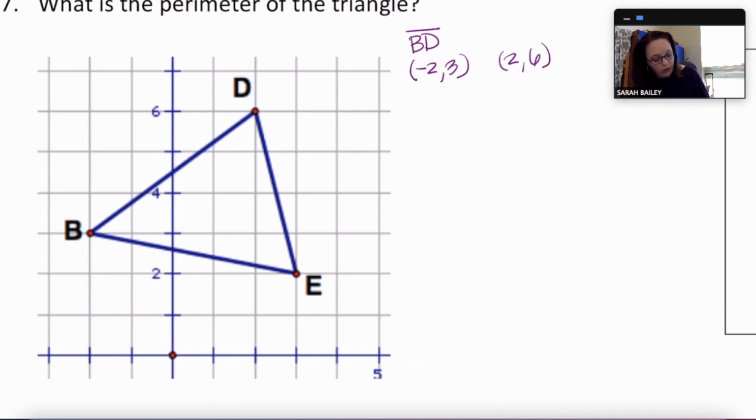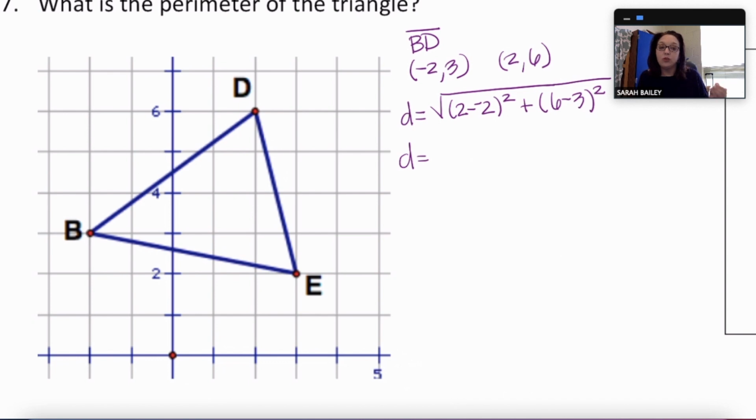Okay, so when we use our distance formula, remember we're going to take the square root and we're going to subtract the x coordinates first. So I'm going to do 2 minus -2 in parentheses squared plus 6 minus 3 in parentheses squared.